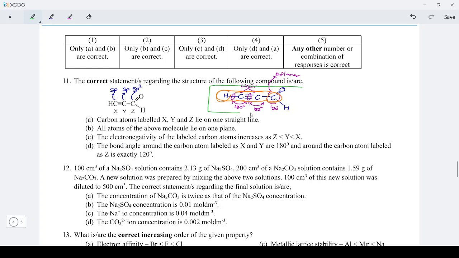They all lie here in the same plane, because this Z carbon is sp2 hybridized, so the oxygen and hydrogen connected to it also lie there. So I'm going to write that here: sp and sp2 hybridized atoms and connected atoms lie on the same plane.